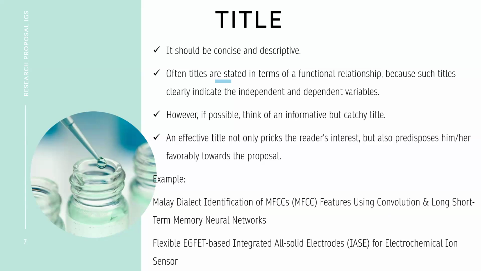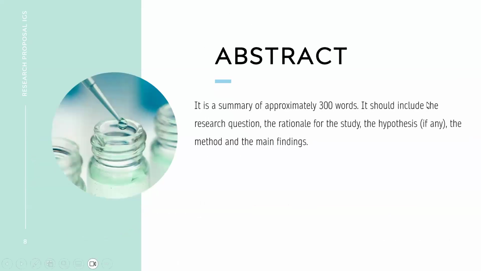All right, now let's move to the next one, abstract. If you look at any journal or conference paper, in order to understand what the paper is all about, you might want to read the summary, because the summary should have some information inside.